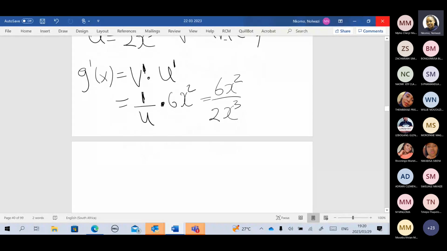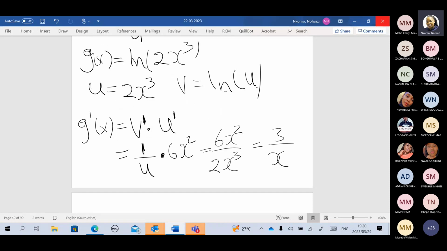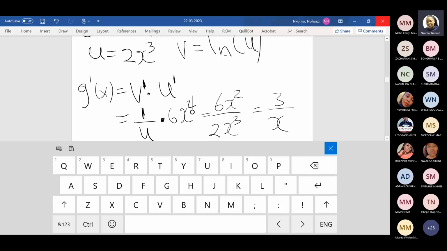The next step is to simplify. We have 6 over 2, that gives us 3. We have x squared over x cubed, that gives us 1 over x. So the derivative of ln 2x cubed is equal to 3 over x, right?